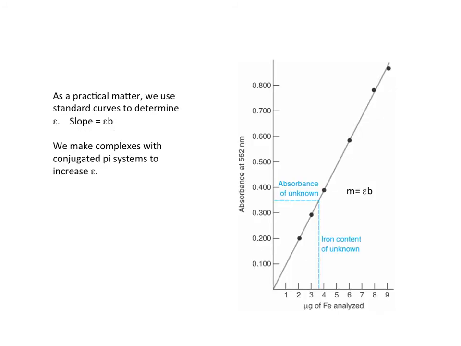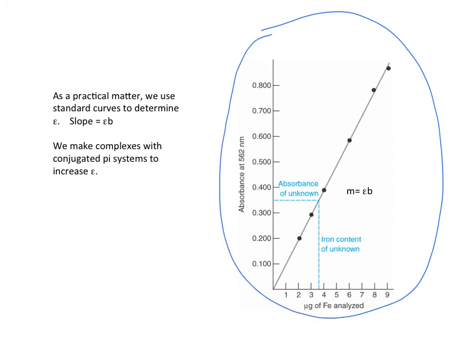As a practical matter, we make calibration curves. Calibration curves are plots of absorbance versus a known concentration for a series of known standards. The standards now can be plotted to determine a slope, and the slope is equal to the molar absorptivity times the path length.